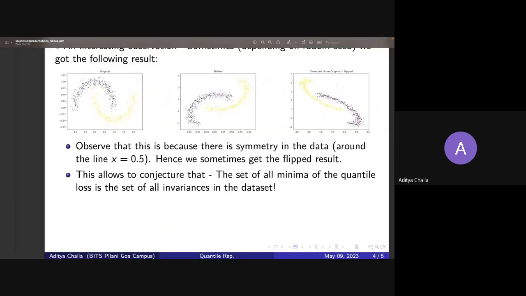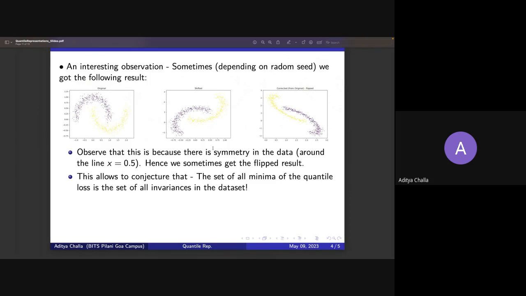And so we conjecture that because there is one and only one such symmetry, we get two different minimizers to the optimization problem. One is the original one, the other is the flipped one.